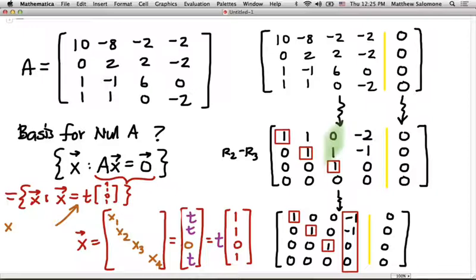Just the one, t. And since our parametric vector solution had only one parameter, there was only one vector in a basis for the solution set, i.e., a basis for the null space.